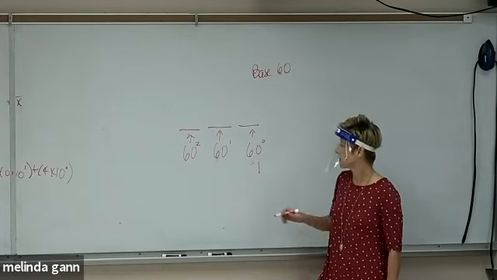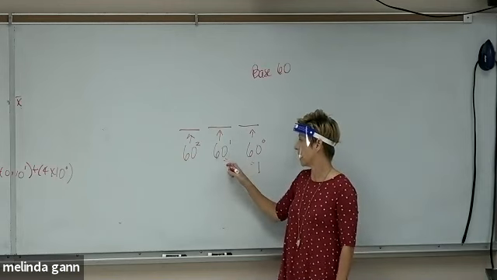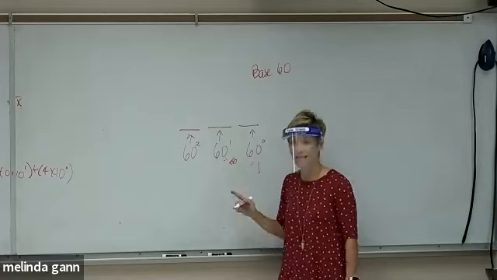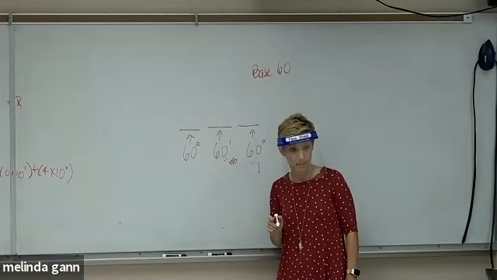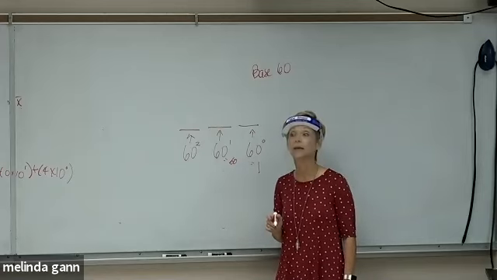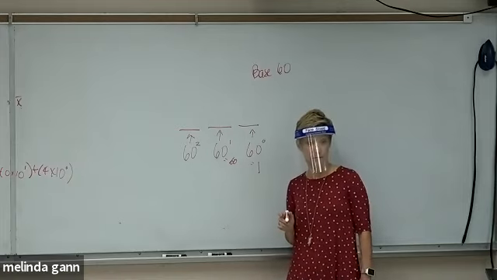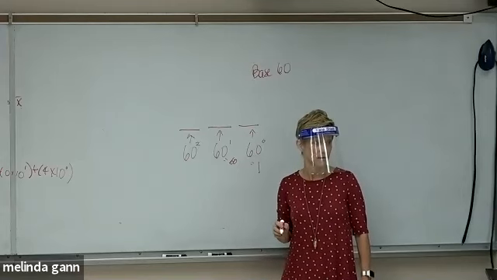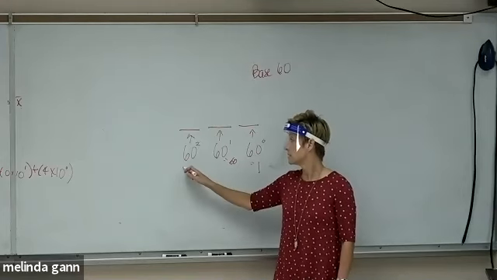All right. What's 60 to the 1st the same thing as? That's the same thing as 60. That's my 60s column. Not my 10s, my what? My 60s. What column is this? 3,600.